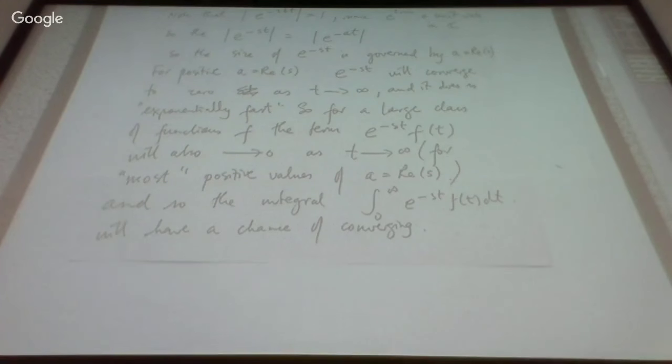So that's just a broad, rough argument to say that the Laplace transform will exist for a lot of functions.